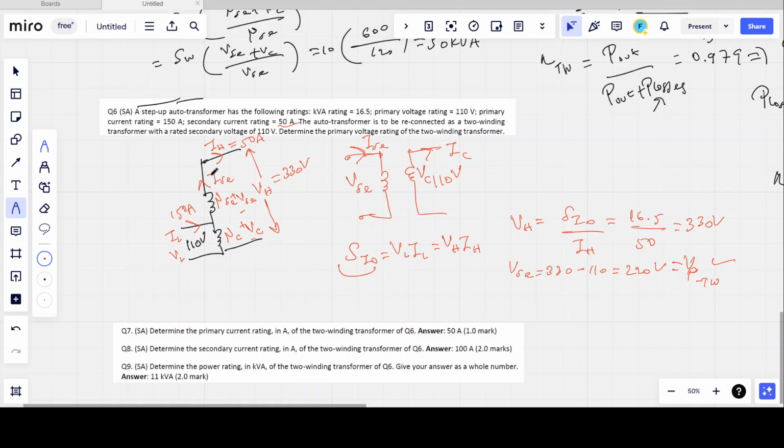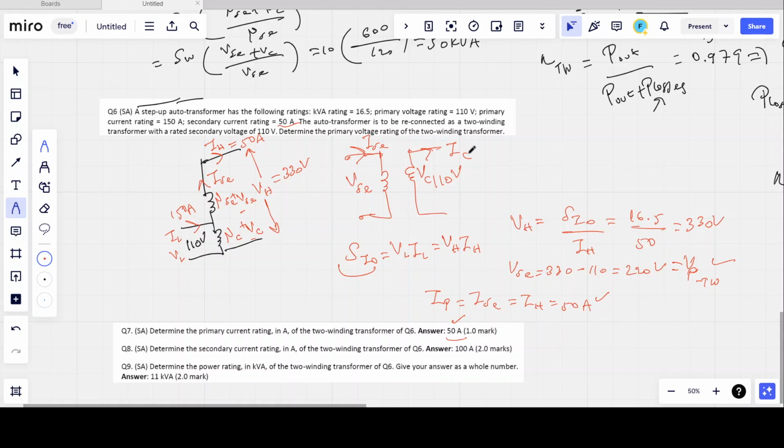So as we can see, if VSE is equal to 220, the current in series, which is ISE, we can see it from here, which is equal to I high, is 50 amps. So I primary side, which is equal to ISE, which is equal to I high, is 50 amps. We can see it from this diagram. And as you can see, that's the value that we also have here. So 50 amps.